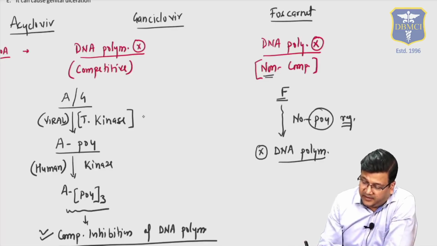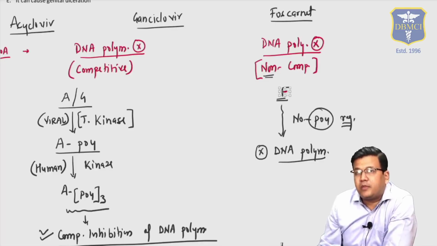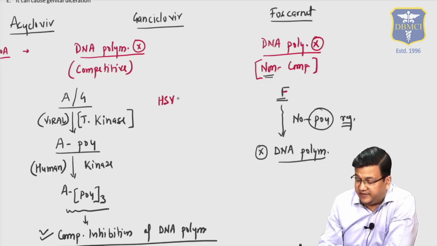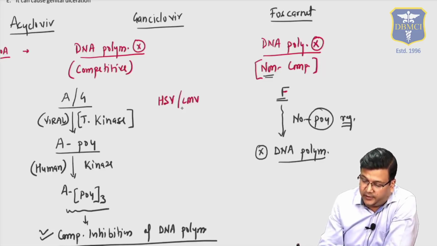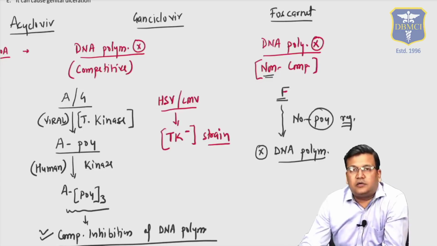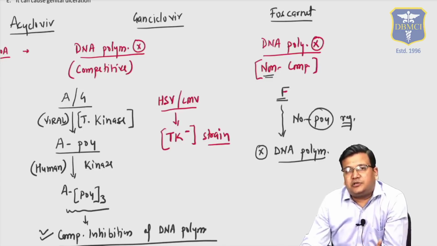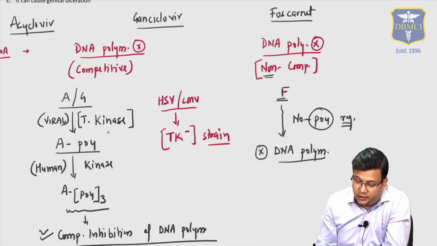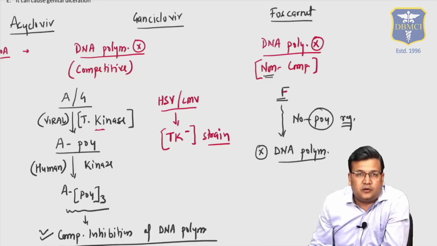So if a virus, HSV, herpes simplex virus, or cytomegalovirus, is thymidine kinase negative, a TK negative strain, it has lost the thymidine kinase enzyme, then it cannot activate acyclovir or ganciclovir.